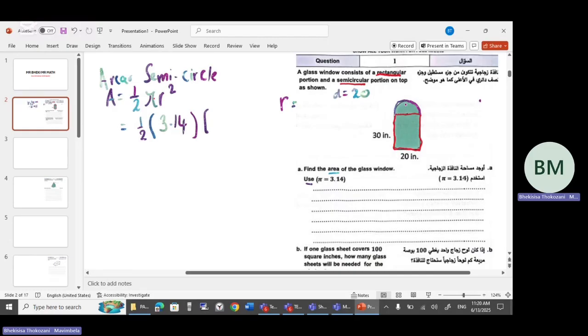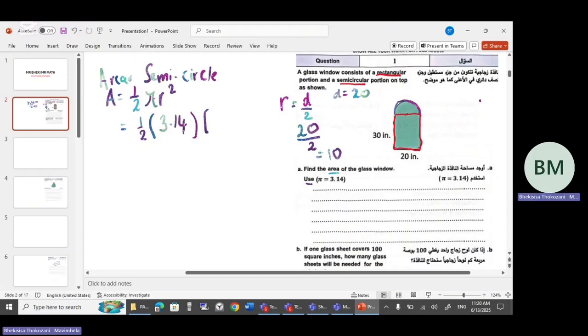So we have a diameter of 20 on this semicircle. But we are not looking for a diameter, we are looking for a radius. If you're looking for a radius, you need to divide the diameter by 2. Please remember that. We know the diameter is 20, so if I divide by 2, I get 10.